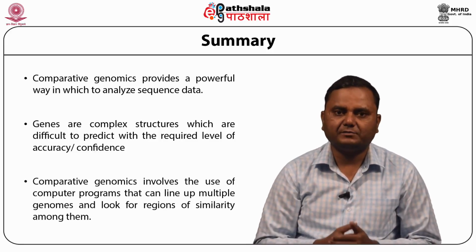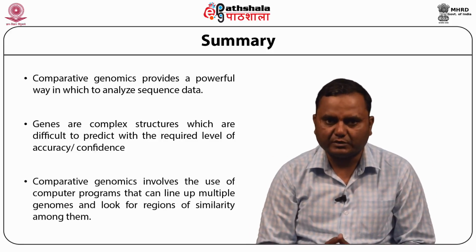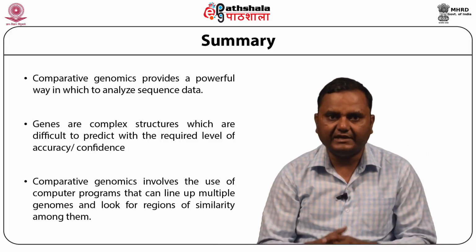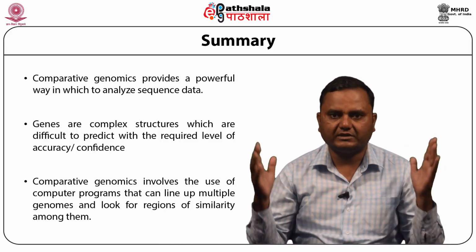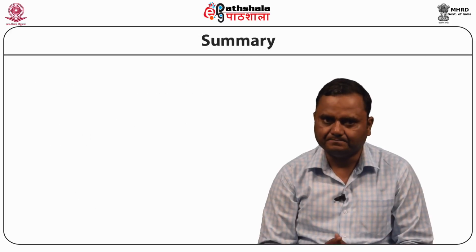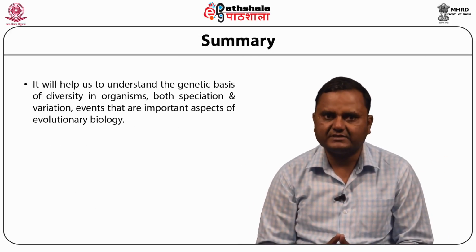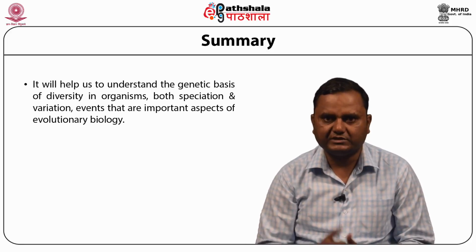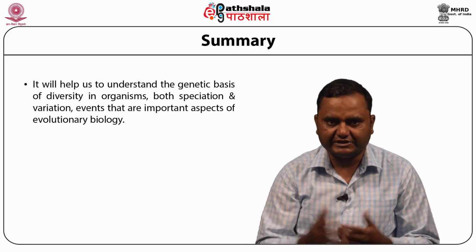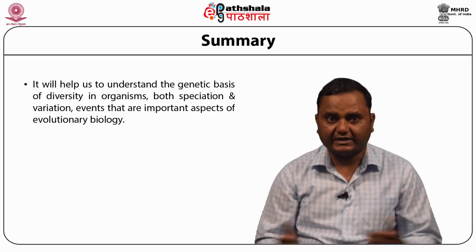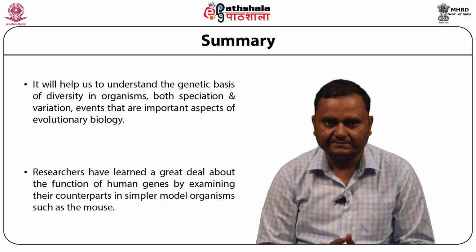Comparative genomics involves the use of computer programs that can line up multiple genomes and look into the regions of similarity among them. It helps to understand the genetic basis of diversity in organisms, both speciation and variation, events that are important aspects of evolutionary biology.